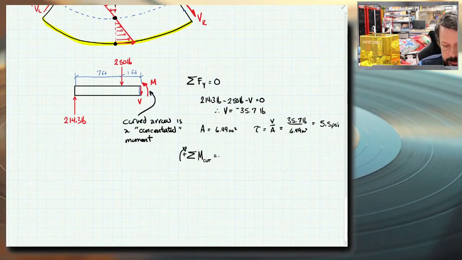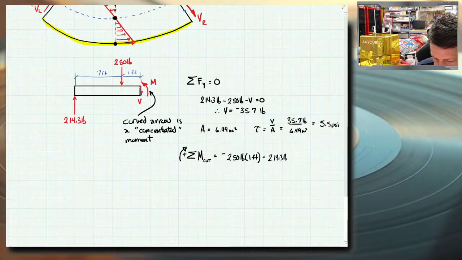About the cut, the shear force is on that cut surface, so I don't need to enter it into the moment equation about the cut surface. I do have a counterclockwise, so a negative 250 pounds at 1 foot moment arm. I have a clockwise, so positive 214.3 pounds with an 8 foot moment arm.